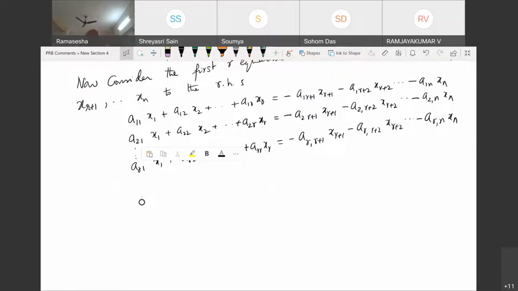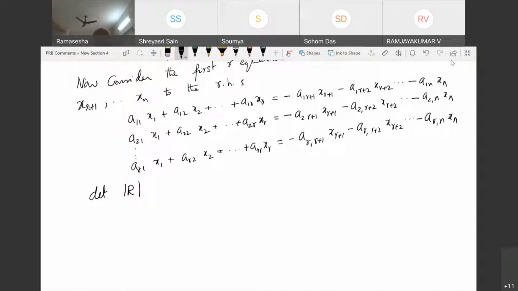So now what I'm going to do is the following. Now what I'll show you is that determinant R is non-zero.